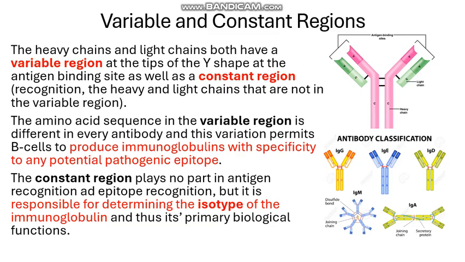It's put in fancy words, but it just means the variable regions come in so many different shapes that a specific one is going to be able to recognize a specific antigen no matter what.